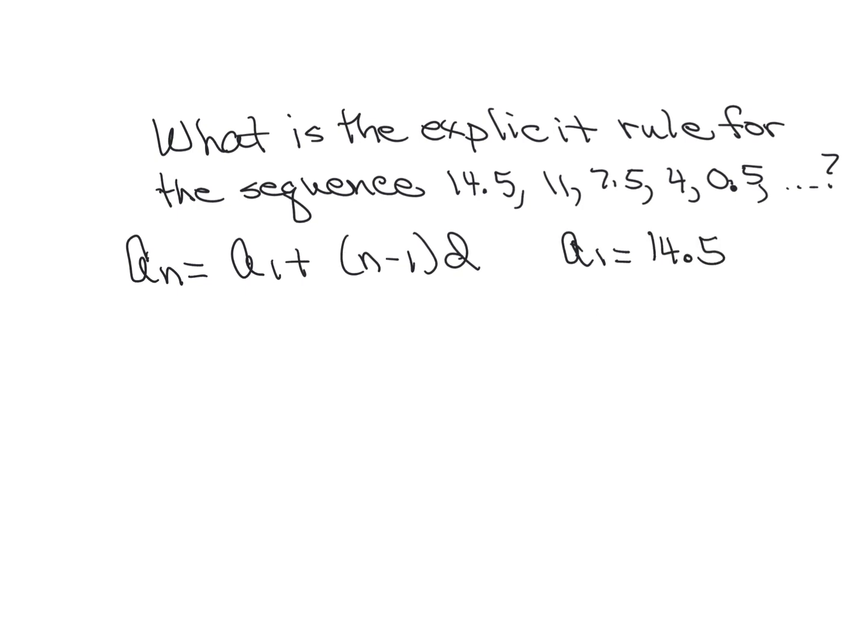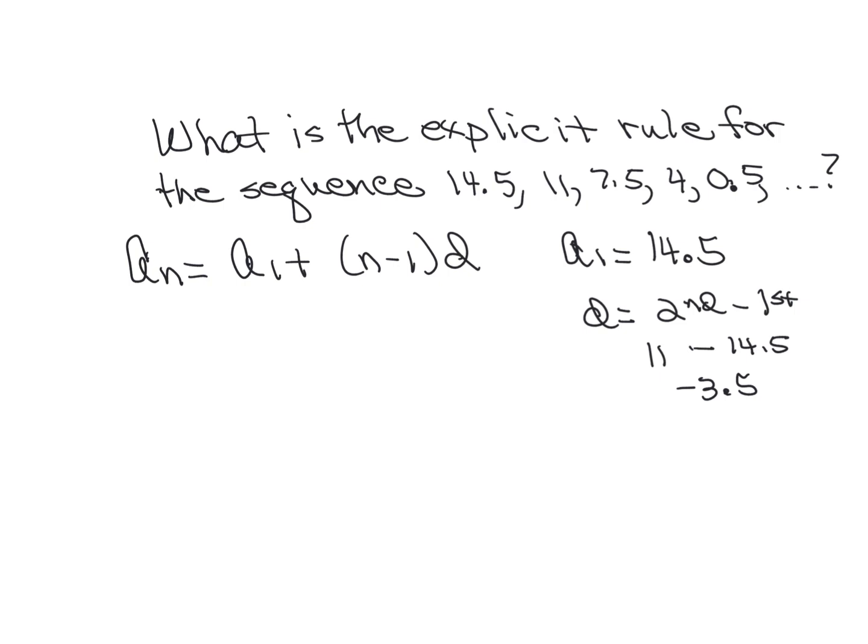I have to know what d is, and d in this particular case is going to be the second term minus the first term, and that's going to be 11 minus 14.5, and that is going to equal negative 3.5. So my difference is negative 3.5.